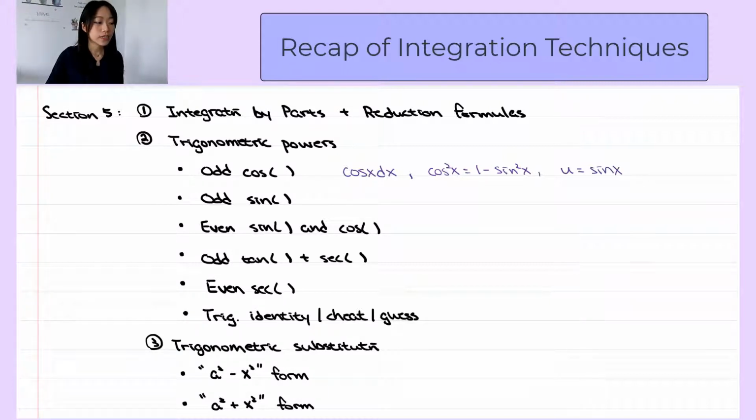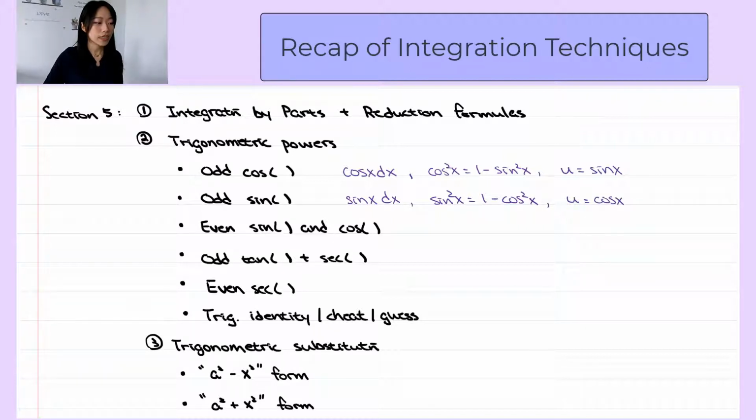The second case is similar to the first case. It's when we have odd powers of the sine function. First we take 1 sine function aside with dx, then use the same identity: sine squared equals 1 minus cosine squared. And we are going to let u equals cosine of x.